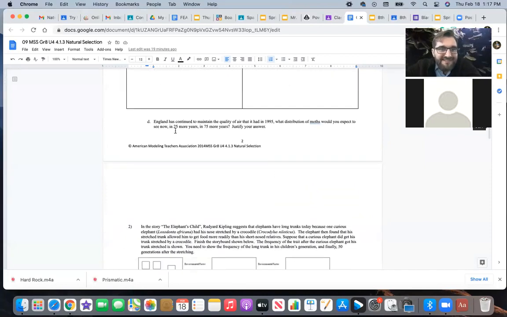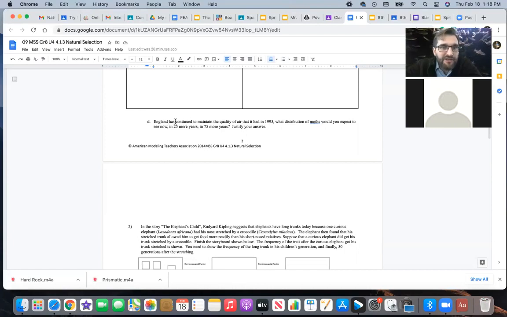Okay. D wants you to consider air quality and how it may have changed in 1995. What distribution of moths would you expect to now see in 25 years or 75 years based on if that air quality may or may not have changed.